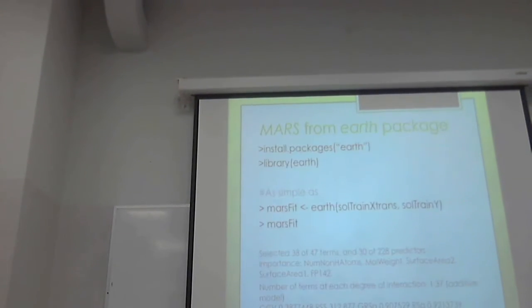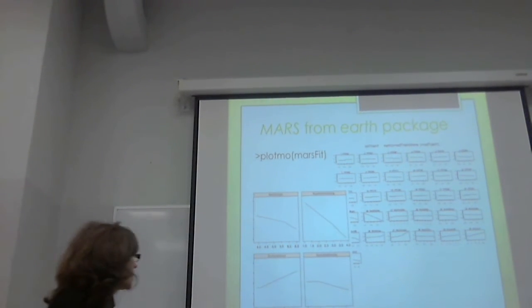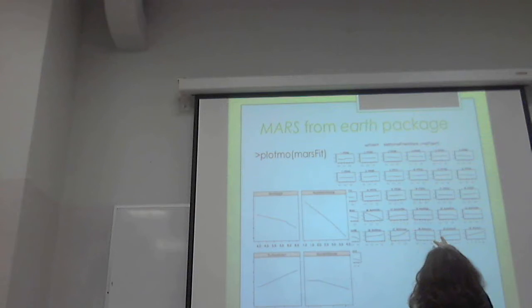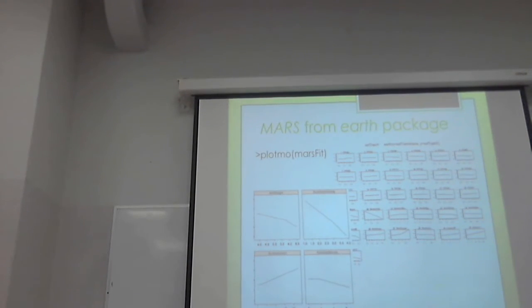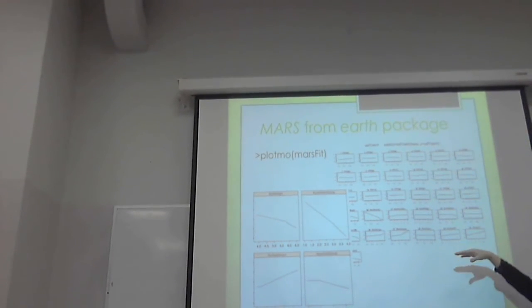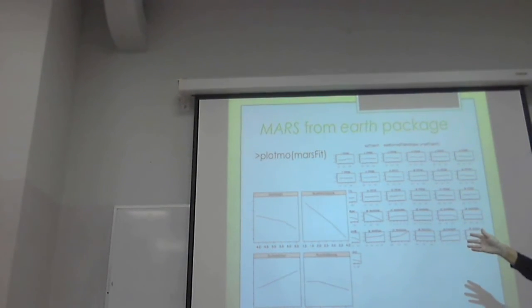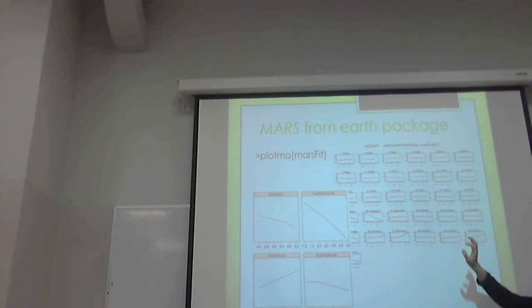Okay, so if you do it, this is what you get. There is a convenient function, plotmo, to plot the Mars fit. You can plot the dependence of an outcome on the variables one by one, so it can generate this kind of plot.